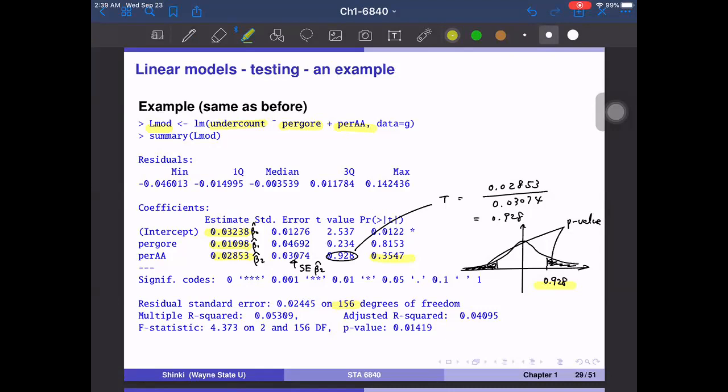The same holds for beta 1 hat and beta naught hat. Usually people don't care much about the intercept. Sometimes it's important to check if the intercept is equal to 0, but often this is ignored, and we are interested in the significance of beta 1 hat or beta 2 hat.